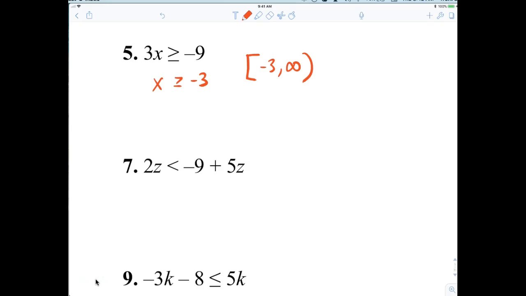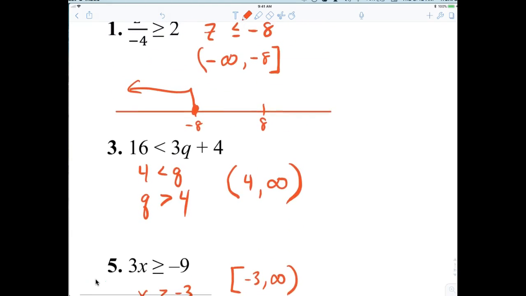If you're unsure, that just means you need to write yourself a number line. Here's negative 3. Here is greater than or equal to negative 3. Where are we starting? We're not starting at negative 8. We're starting at negative infinity, and we're going to negative 8.